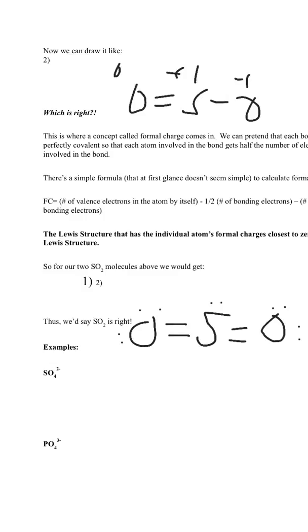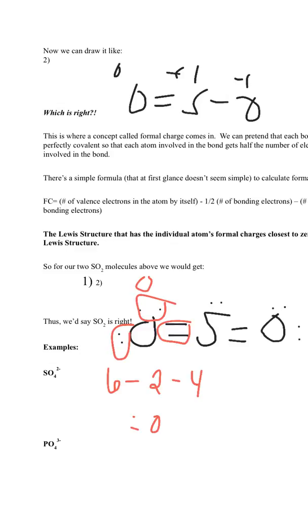Okay, so here's our other structure we had. So let's start with the oxygen on the left. It's supposed to have 6. It has 2 bonding pairs, so minus 2, minus the total number of non-bonding, so 4. So it's going to be a 0 charge on it.